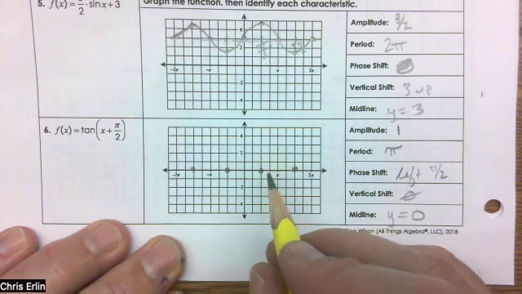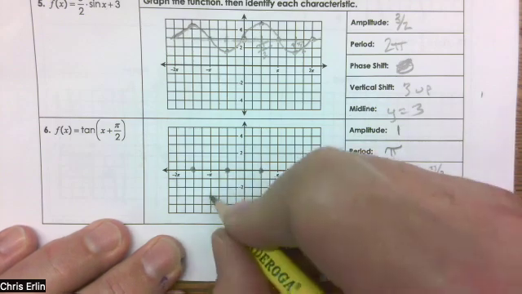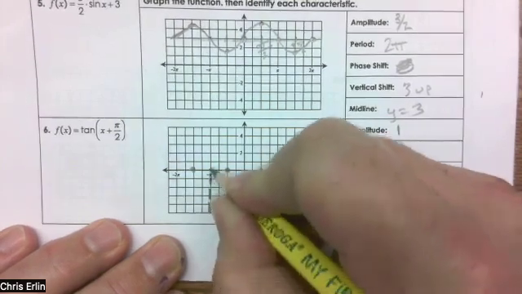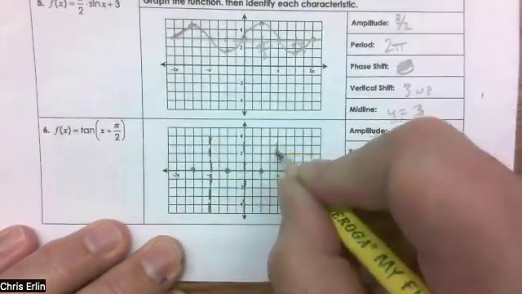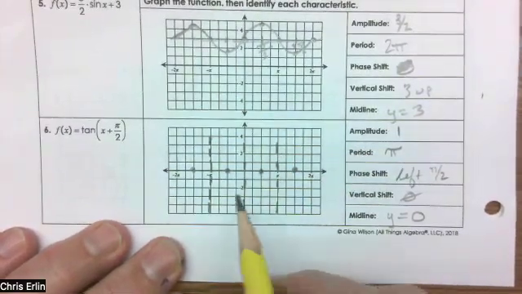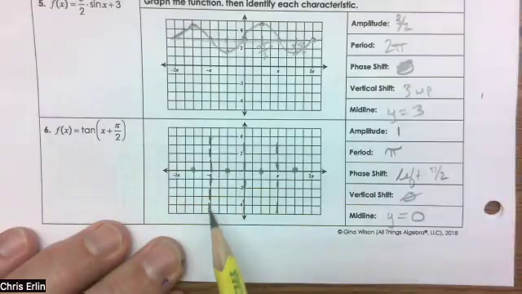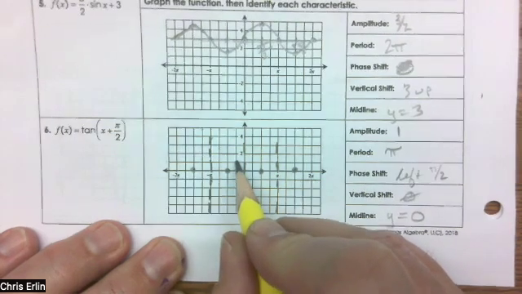That means, because it's tangent, in between my zeros are what? Asymptotes. And then typical tangent, is that a positive slope or a negative slope? Positive. So coming from this 0 line, I go halfway to the asymptote and go up.